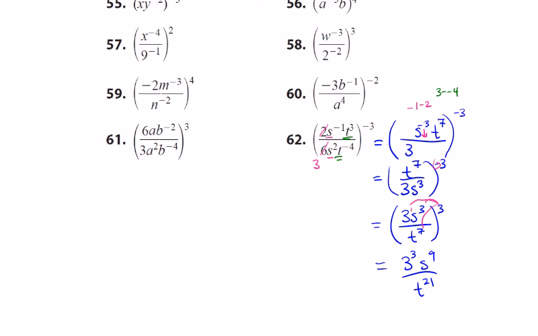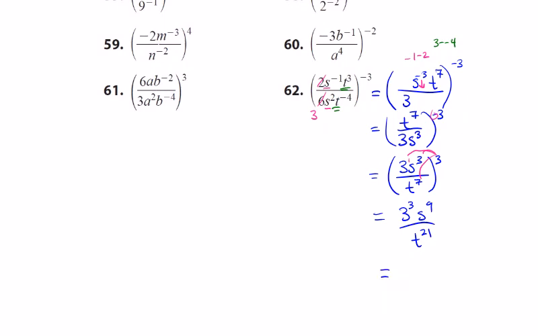We have one exponent for each of those. We have positive exponents, right? The only thing we have to check off is make sure our constants are simplified. So 3 cubed, we can simplify that to 27. All right, so we get 27s to the 9th over t to the 21st, and that's our final answer.